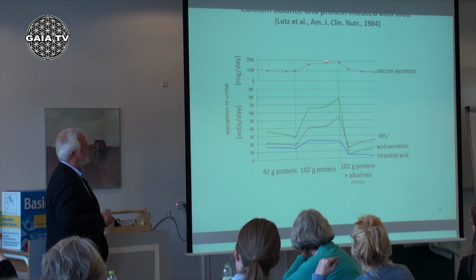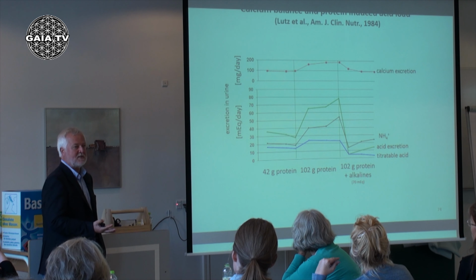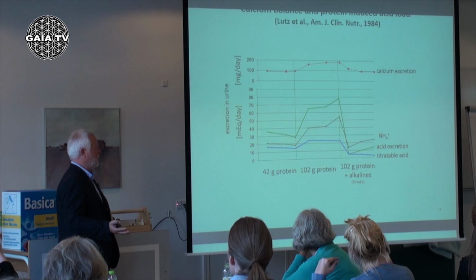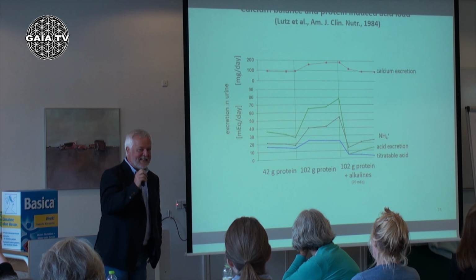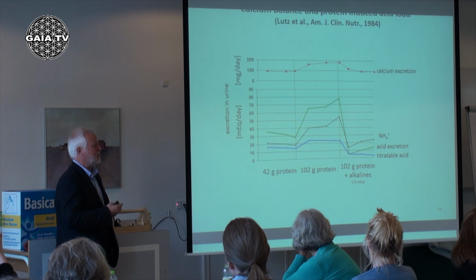So that means this calcium comes from body stores. And where are the stores in the body? It's just the bone, nothing else. 99.9% of the calcium is inside of the bones. And if you lose calcium, then it's calcium from the bones. And you can avoid that simply by adding alkalines.